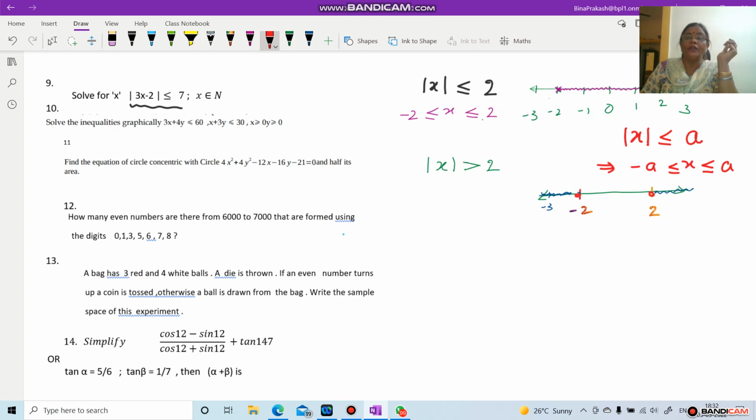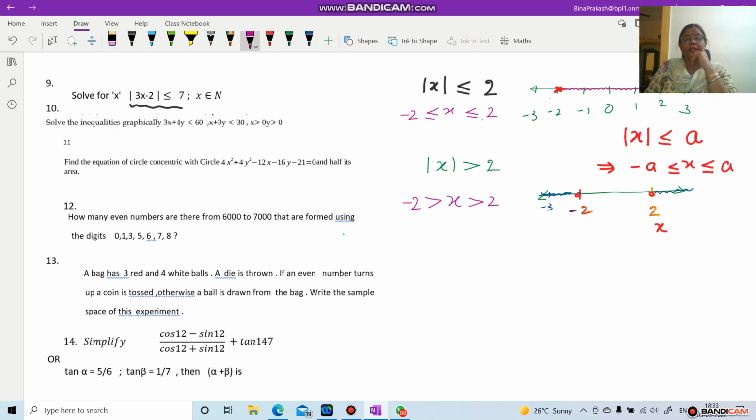Whereas for equality, we put a cross over here, which means that it starts from that point. So how is this explained? If you need to write it in the form of an inequality, how do we write it? The inequality that we have is the value of x should be greater than 2 or the value of x is less than -2.